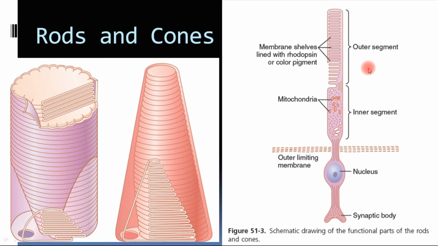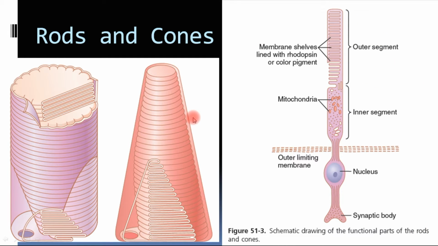Then coming to the nucleus, from there arises the axon, which synapses with the inner cells of the retina. So this is the general structure of rods and cones.